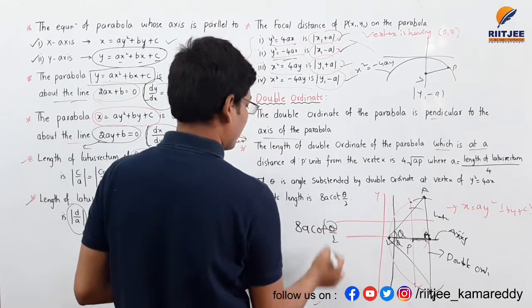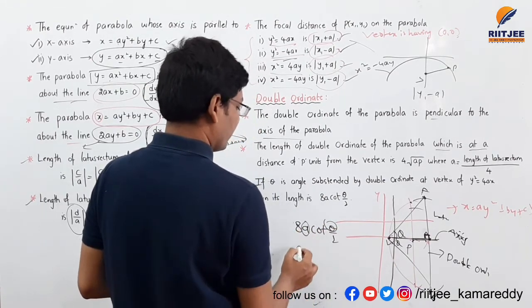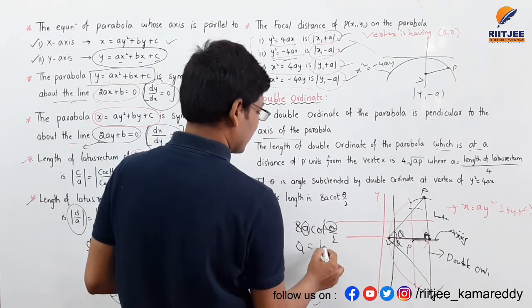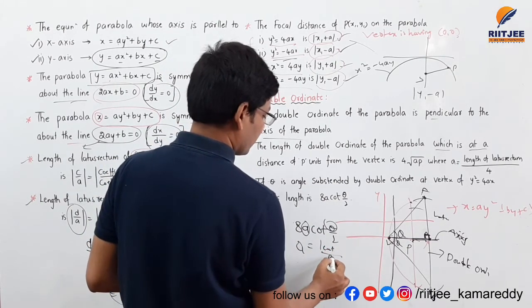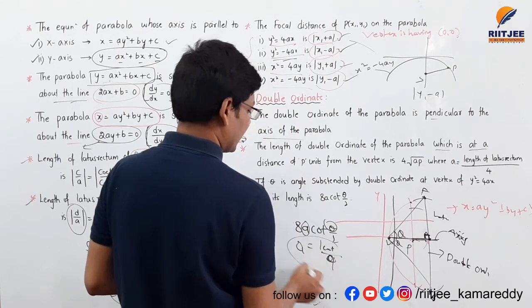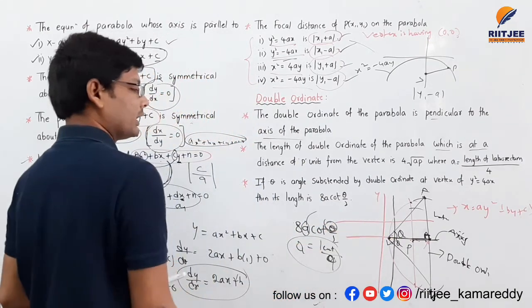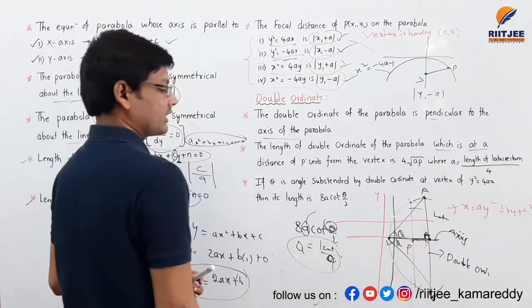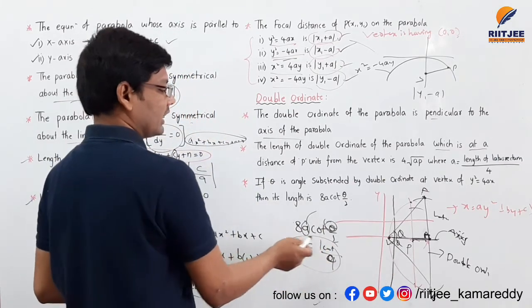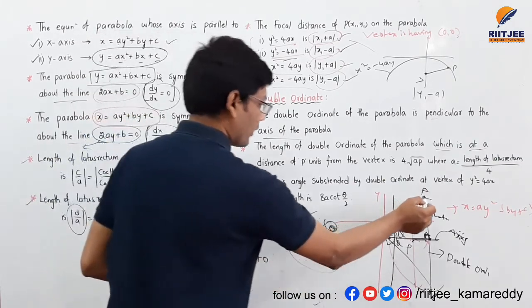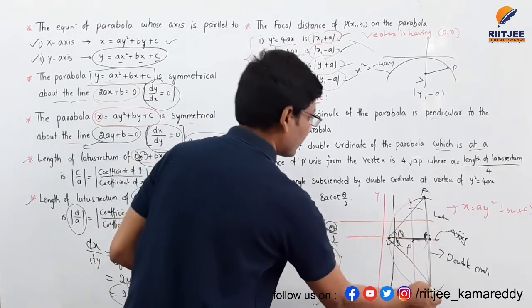If you substitute the angle theta and a, where a is equal to the length of latus rectum divided by 4, you will get the length of the latus rectum.